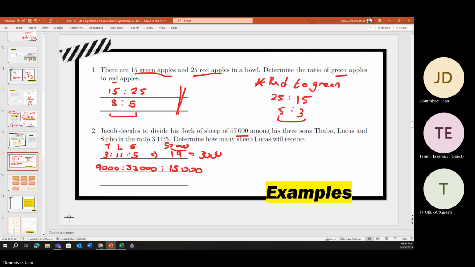The final thing they've asked is to determine how many sheep Lucas will receive. Lucas is the one that receives the most, so Lucas will receive the 33,000 sheep. So that is when we look at ratios.